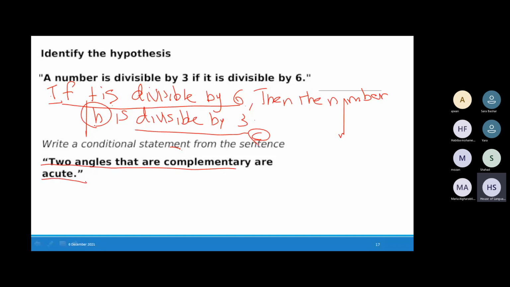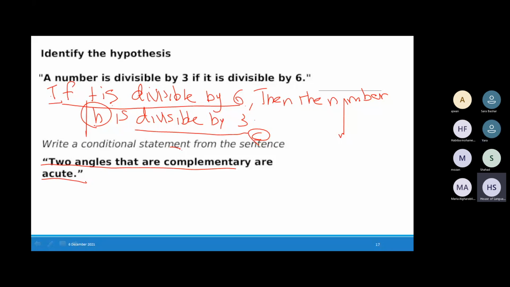If the first happens, the second will happen. If two angles are complementary, then they will be acute. Or if two angles are acute, then they will be complementary.